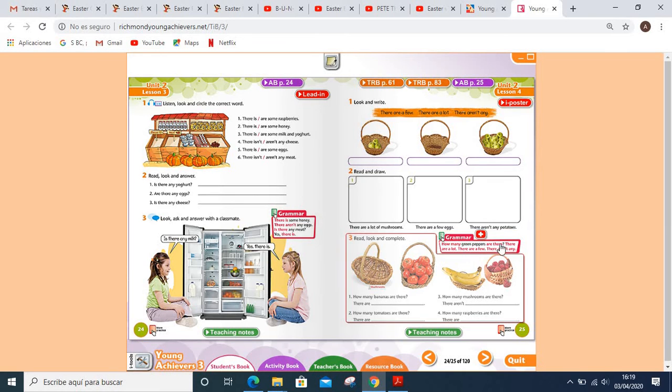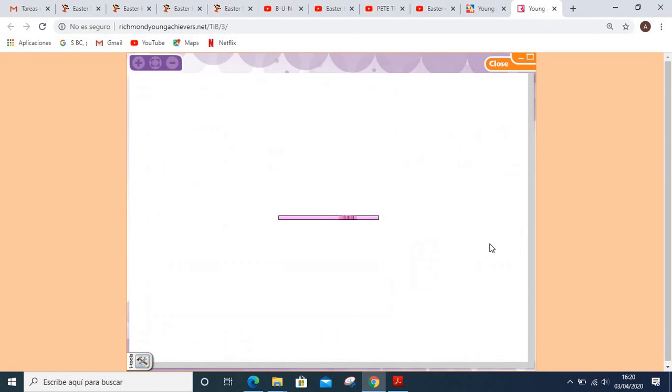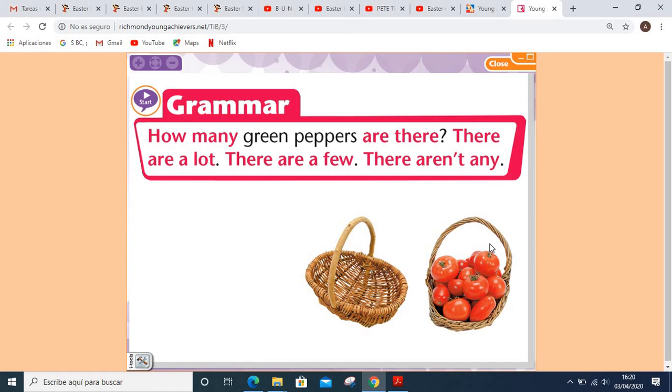So here you've got the grammar that can help you if you need it. But first try to guess what it is, and after doing the exercise you can take a look at the grammar. How many green peppers are there?